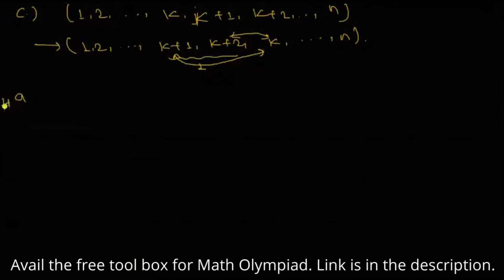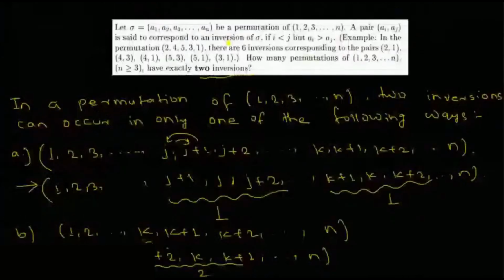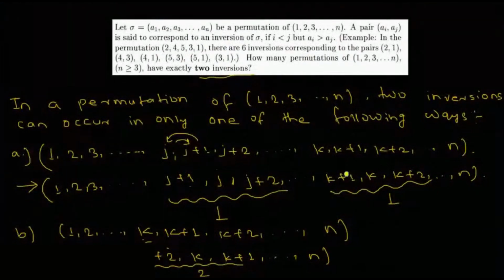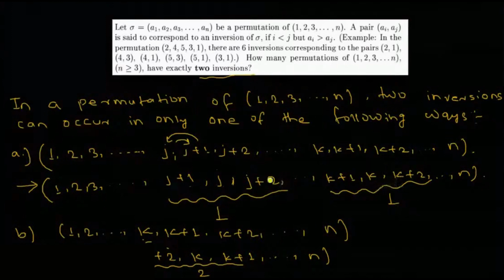So number of ways in A. Let's recall. In A it was j plus 1, j, and j plus 2, right? Similarly, k plus 1, k, and k plus 2. Then in how many ways? Suppose j is equal to 1, without loss of generality.